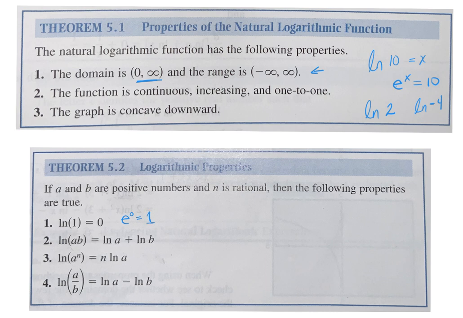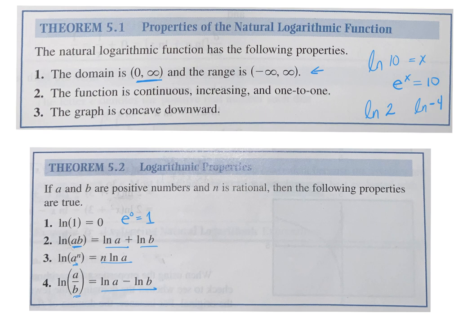So we already know that property. These are the expansion properties: if I multiply two numbers within a log, I can expand with addition. If I have a power in a log, I can pull it out in front. And if I divide within a log, I can expand with subtraction. That should be very, very, very familiar. All right, we did this in Algebra 2.